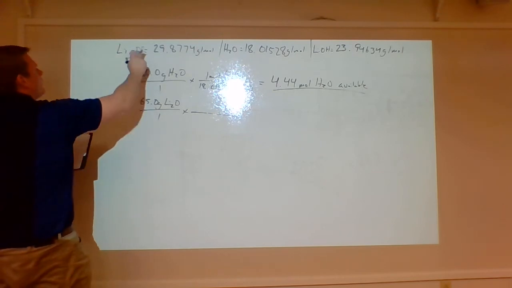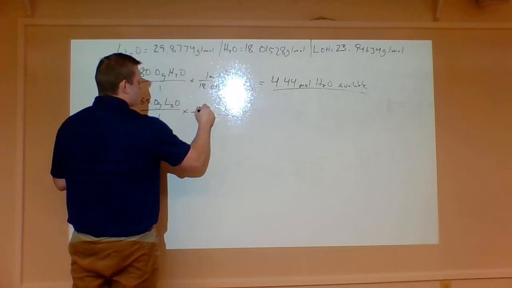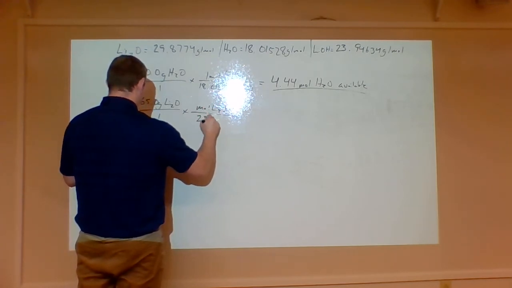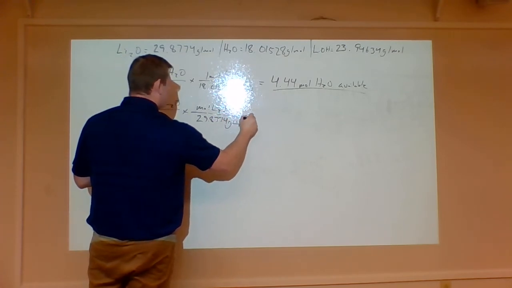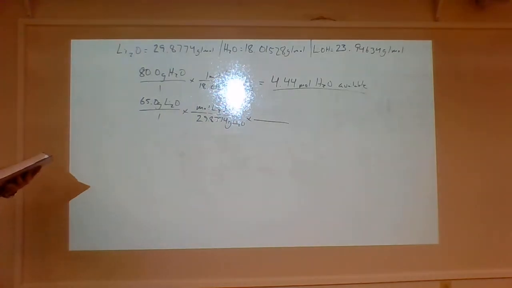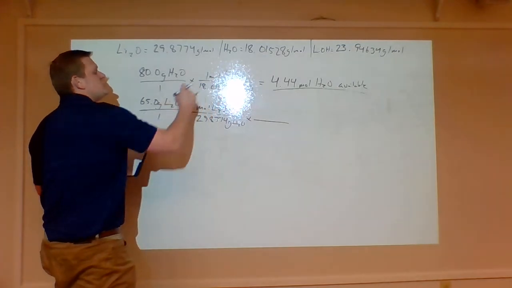We use our molar mass here to convert into moles of lithium oxide, 29.8774 grams of lithium oxide. Now we want to convert that moles of lithium oxide into moles of H2O.